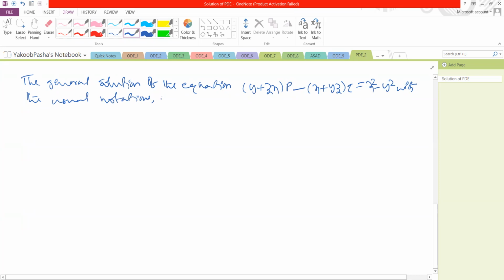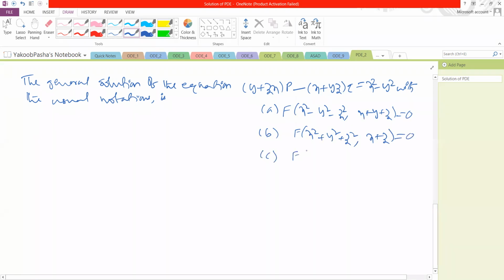Option A, f of x square minus y square minus z square comma x plus y plus z is equal to 0. Option B, f of x square plus y square plus z square comma x plus z is equal to 0.